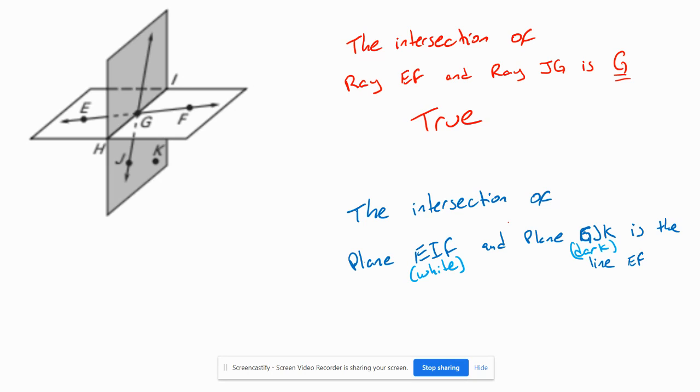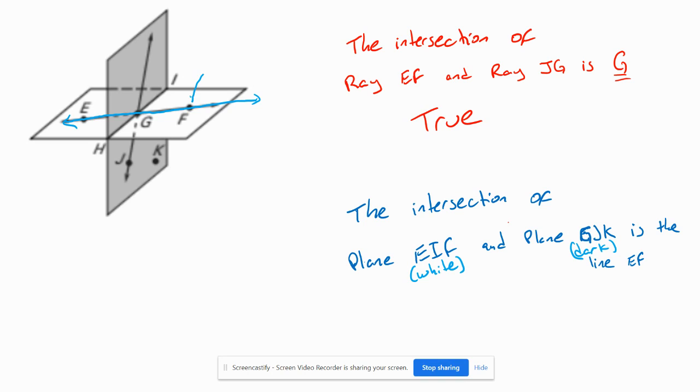I said the intersection of the white plane and the dark plane is the line EF. So let me think of the line EF. In order for this to be true, line EF has to be in both planes. Every point on the line EF has to be in both planes, and those are the only points that are in both planes.